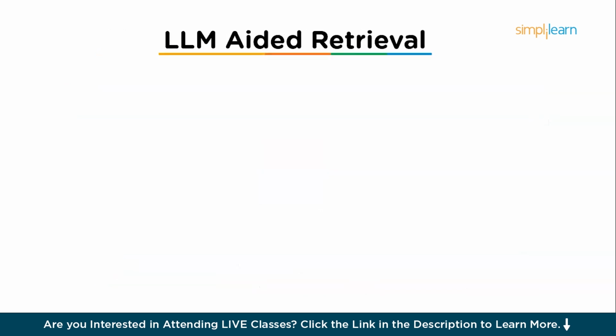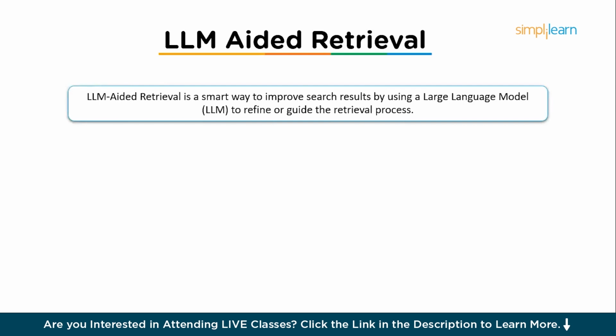Now moving on to the next, we have LLM Aided Retrieval. LLM Aided Retrieval is a smart way to improve search results by using a large language model to define or guide the retrieval process. Instead of just fetching documents based on keyword similarity, the LLM helps with better query understanding, ranking, and selecting relevant information.